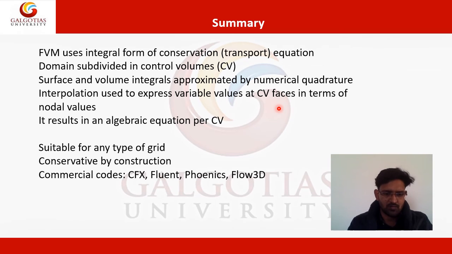Domains are subdivided into control volumes, and surface and volume integrals are approximated by numerical quadrature techniques. Interpolation is used to express variable values at control volume faces in terms of nodal values. It results in an algebraic equation per control volume. So when we apply the integral equation and then the method of discretization, that is the finite volume method, the partial differential equation converts into an algebraic equation for that discrete element or small element.